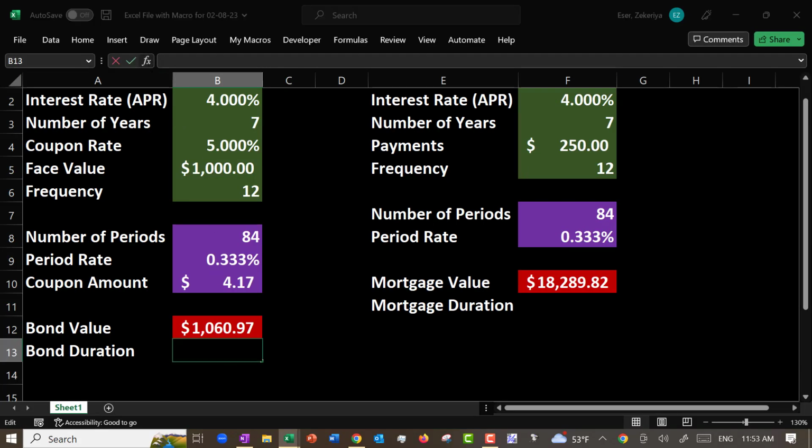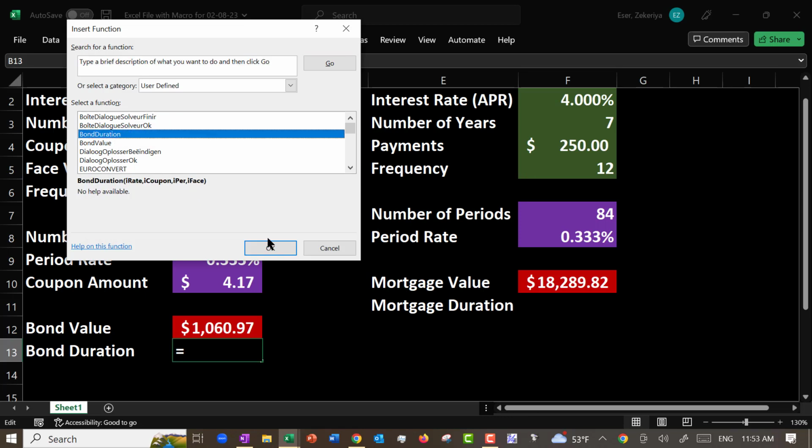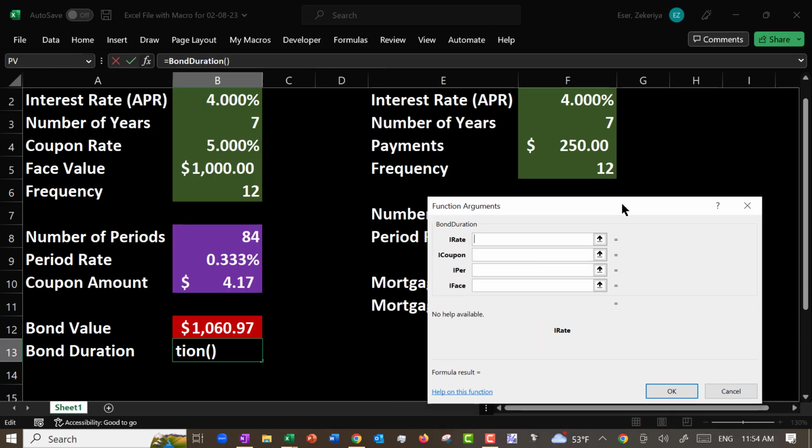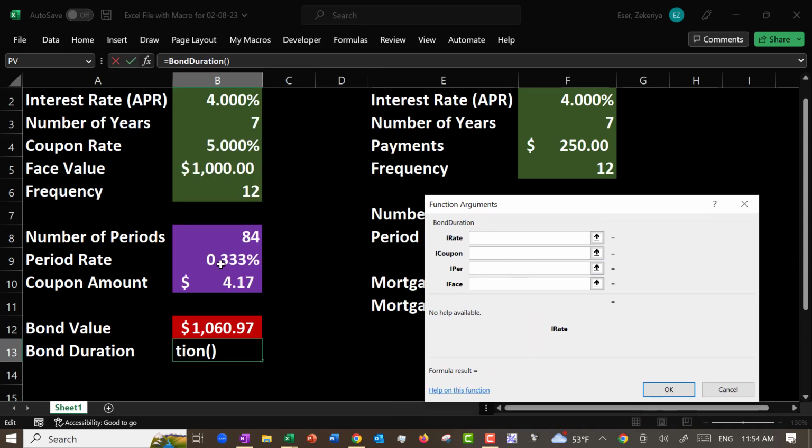Again, the same deal. Pick your function, bond duration. I rate is the periodic rate. I coupon is coupon amount. I pair is number of periods. And I face is the face value.